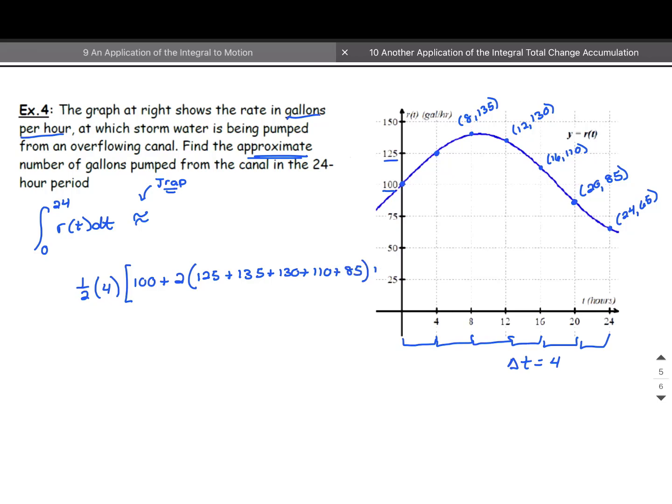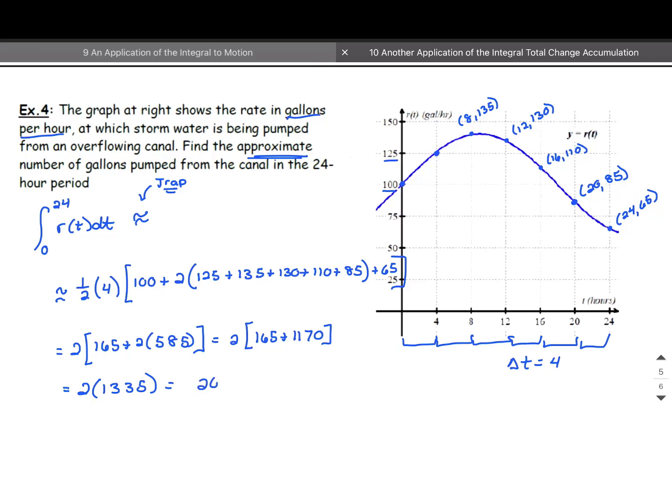I'm going to close it before the last height because the last height does not get doubled, just like the first one. So now half of 4 is 2 times 165 plus 2 times 125, 135, 130, 110, 85. That's going to be 585, which is 2 times 165 plus 1170, which is 2 times 1335, or 2,670 gallons.